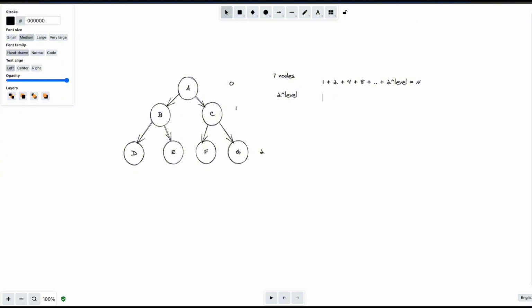Using the geometric series formula, that is the first item times 1 minus 2 to the power of the number of levels, divided by 1 minus 2, equals n. So this is minus 1, right? We just switch them. So 2 to the power of levels minus 1 equals n, so n plus 1 equals 2 to the power of levels. We take log on both sides, so log of n plus 1 equals the number of levels. So we found a formula: the level is about log n.